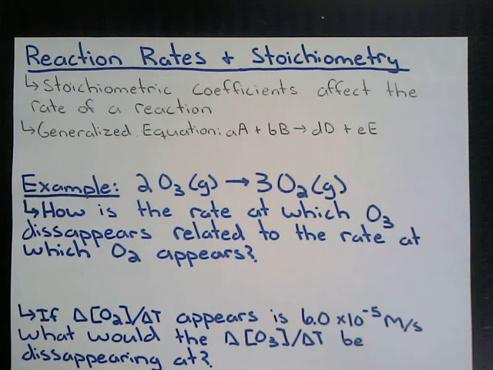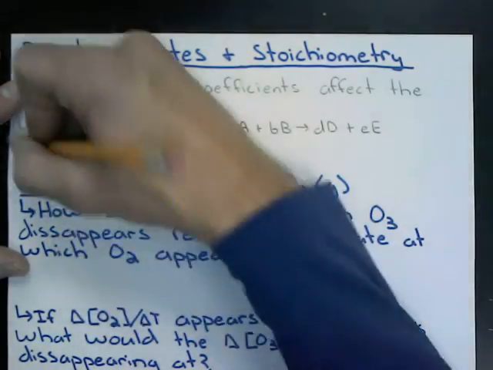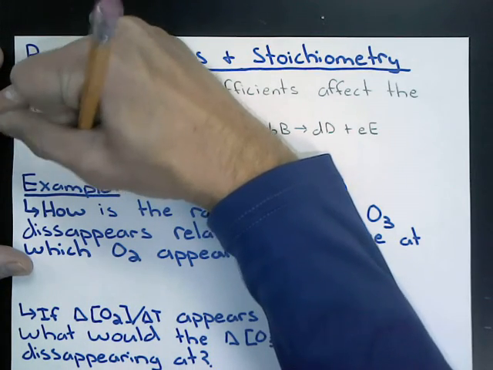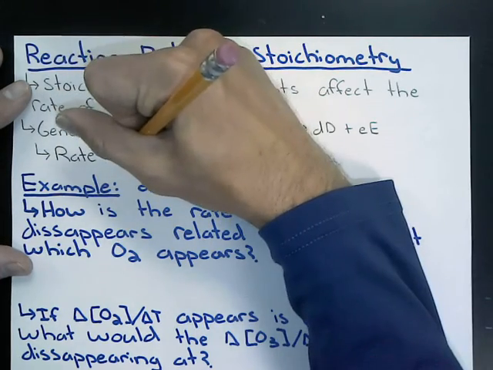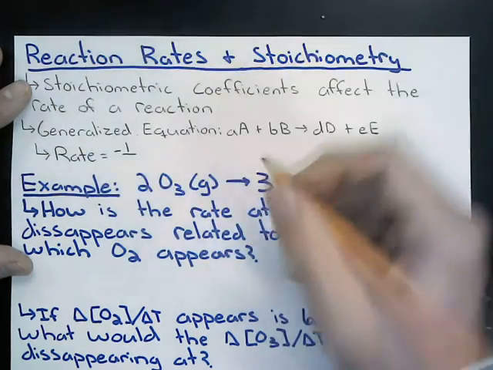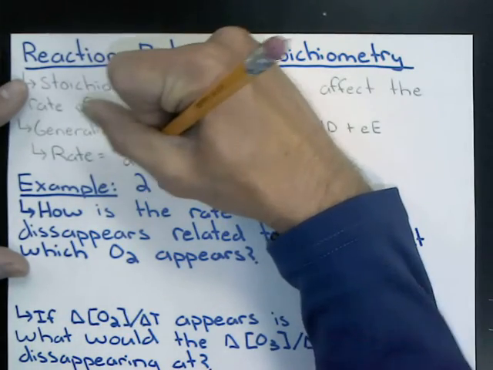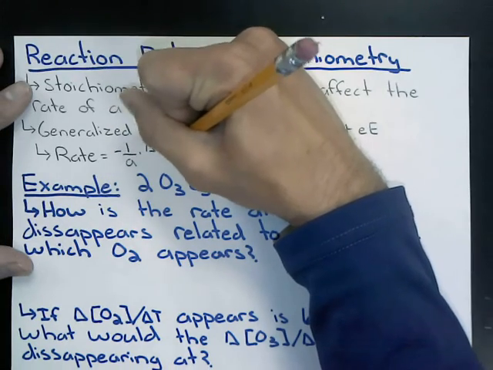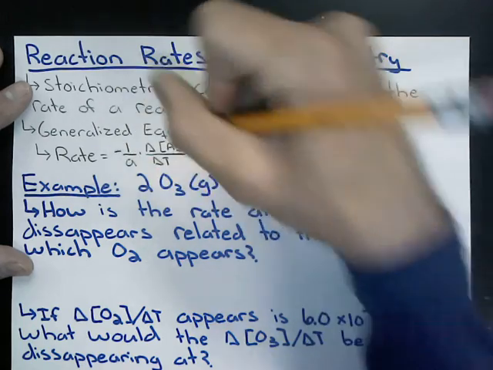Obviously, those elements do not exist, but we can use this to describe the rate in its relations to its stoichiometric coefficient. So the rate in this case would be this: the negative, because it's disappearing, 1 over the coefficient lowercase a, times the change of concentration of A, all divided by the change of time.